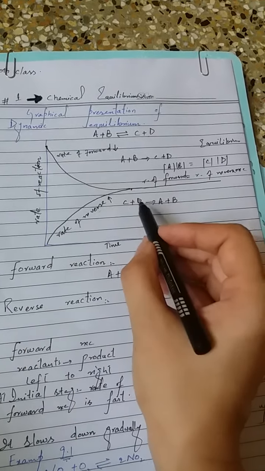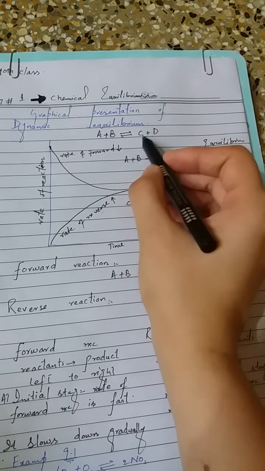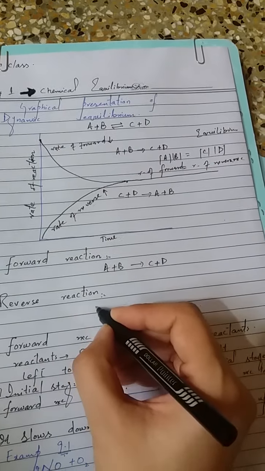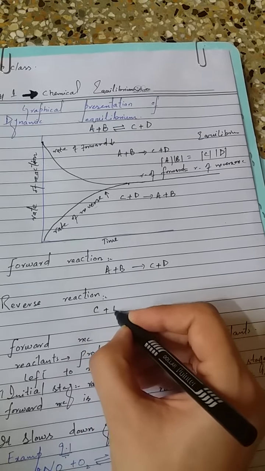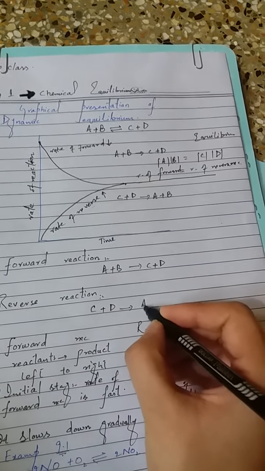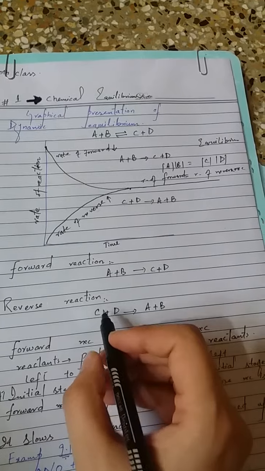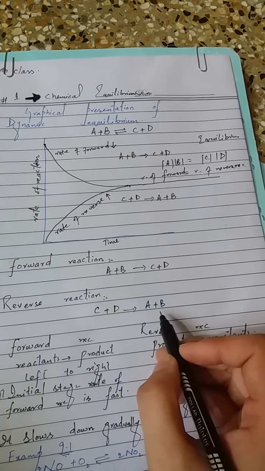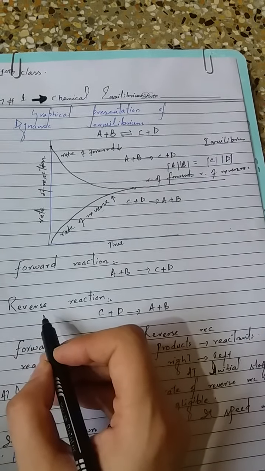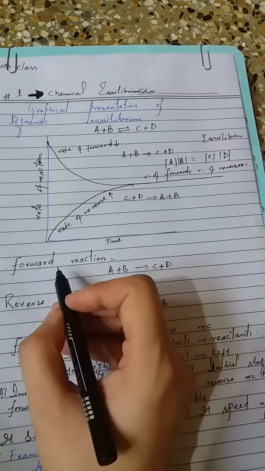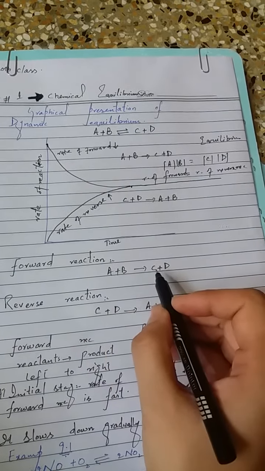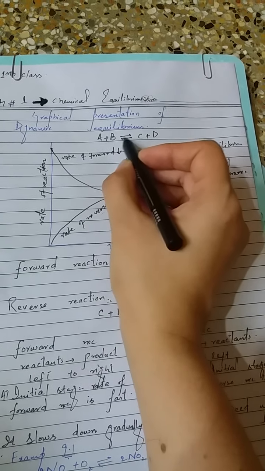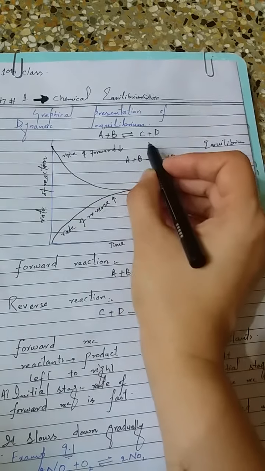And when C and D, which are products here, are converted into reactants A and B again, the rate of conversion of products into reactants per unit time is known as the reverse reaction. So forward reaction always proceeds in the forward direction and reverse reaction proceeds in the reverse direction in a reversible reaction.